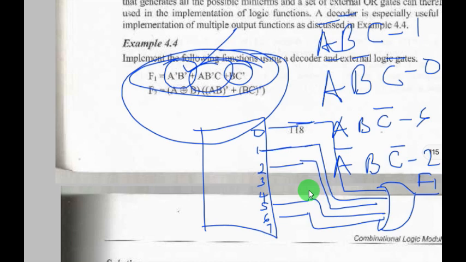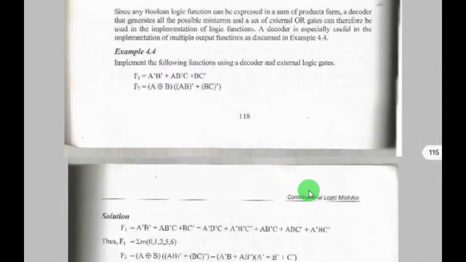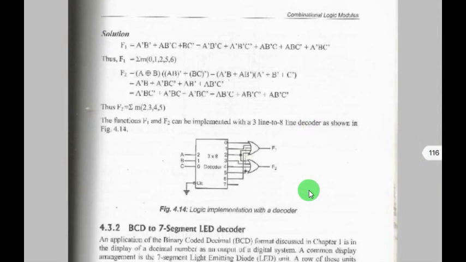If you are to implement function F2, you do a similar procedure. As long as you are able to identify which minterm is represented by the variables, then you are very set. Very good. That is gone, and the solution is right there.